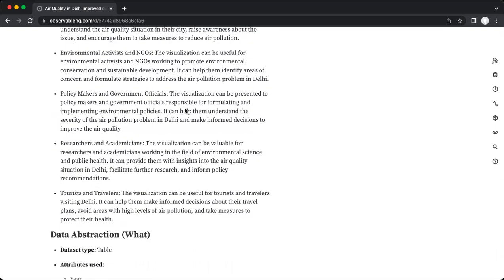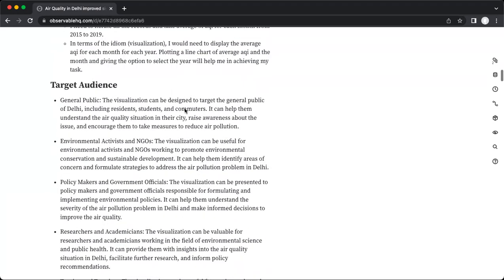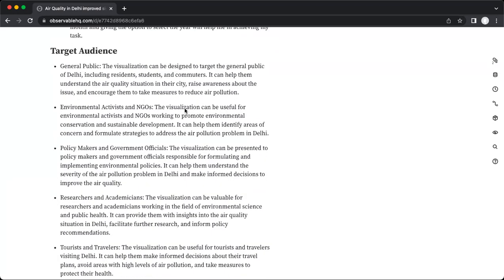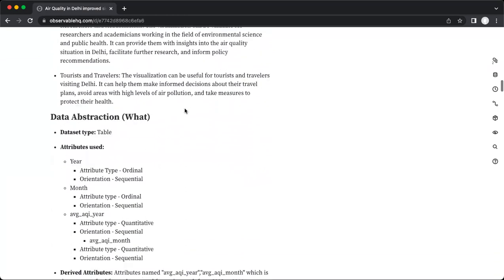Fourth could be researchers and academicians who are studying air pollution and working in the field of public safety and health. Fifth could be tourists and travelers visiting Delhi who would like to see which months are safer to visit. So these are some of the audiences for whom this would be useful.